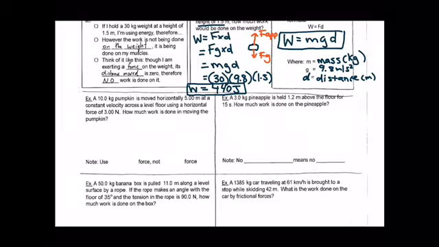The next one is a 10 kilogram pumpkin is moved horizontally 5.0 meters at a constant velocity. So we've got our mass and velocity is constant, and we've got horizontal distance. And it's moving across a level floor using a horizontal force of 3.0 newtons. How much work is done in moving the pumpkin? So here's our pumpkin here. Let's draw the free body diagram with it.